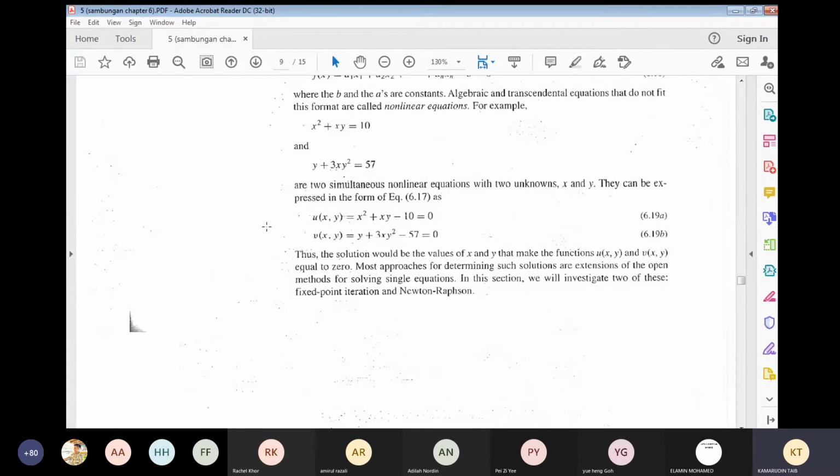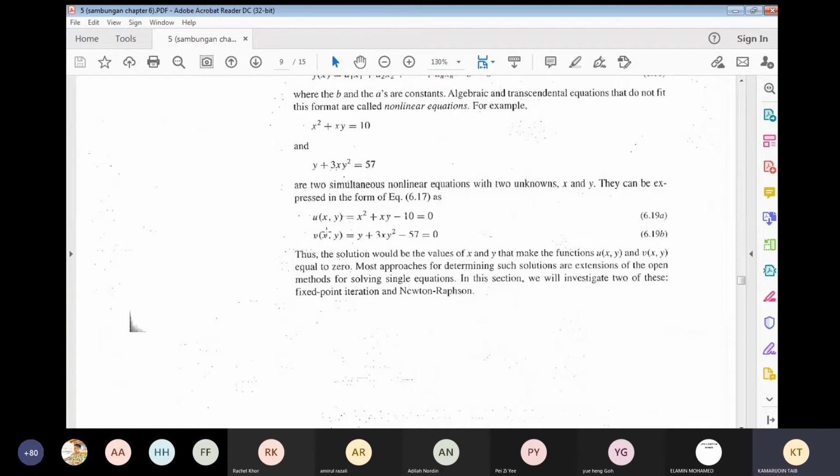Now ∂u/∂y will be x squared becoming 0, plus x y giving x, minus 10 giving 0.